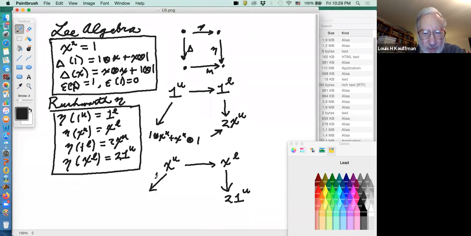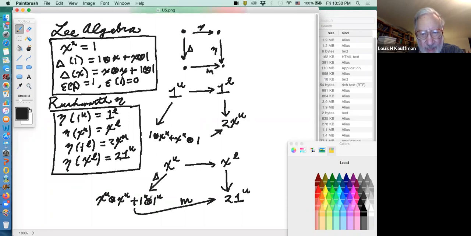So I'm going to do delta on x upper, and I get x upper tensor x upper plus 1 upper tensor 1 upper. And now I'm multiplying, but aha, you see, 1 times 1 is 1, x times x is 1, and 1 times 1 is 1, and I get a 2. So it works, you see?